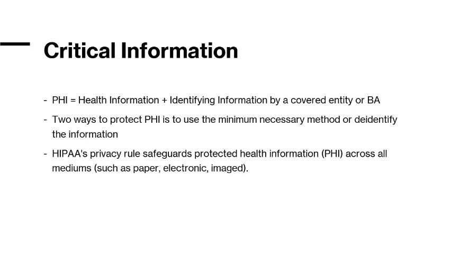Also, there are two ways that you can protect protected health information: use the minimum necessary method or de-identify the information. Those are the two methods we discussed in this lesson. And also, HIPAA's privacy rule safeguards protected health information across all mediums, such as paper, electronic, and imaged.